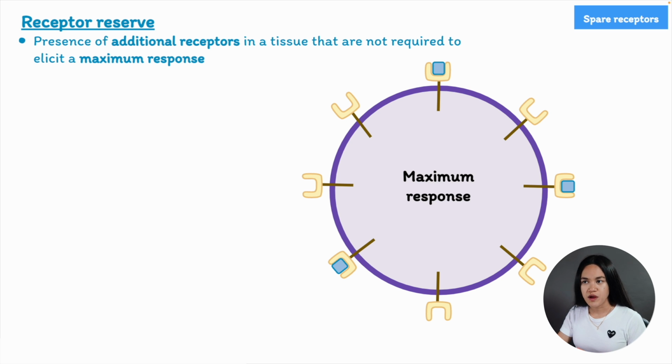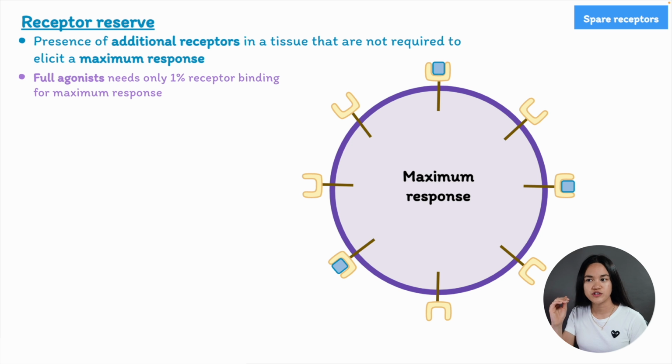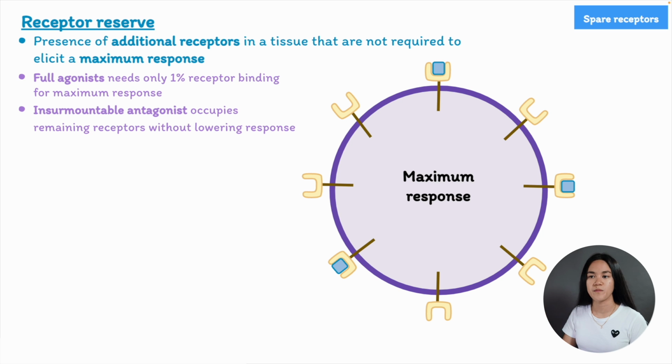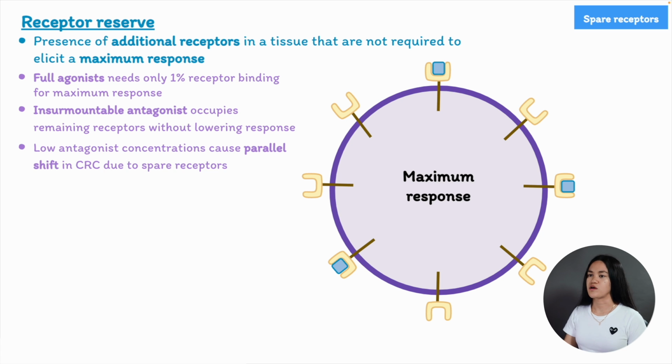The presence of spare receptors, or receptor reserve, explains why insurmountable antagonists at low concentrations can sometimes resemble competitive antagonists on a CRC. The spare receptors, which are not required for a maximum response, can continue to allow the agonist to elicit a response even in the presence of low concentrations of the antagonist.